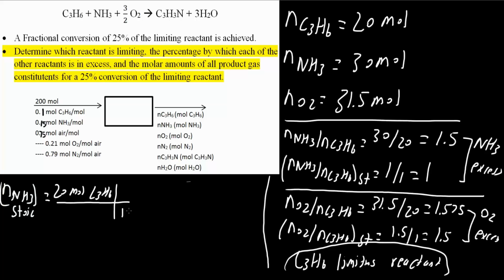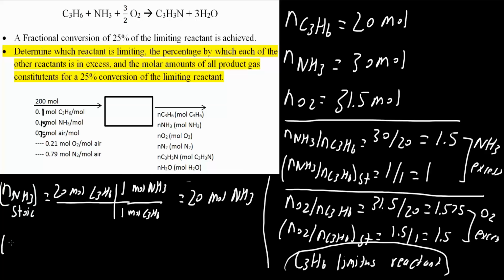So we have 1 mole of C3H6, and 1 mole of C3H6 would give 1 mole of NH3. So in an ideal situation, you would want 20 moles of NH3, not 30 moles.